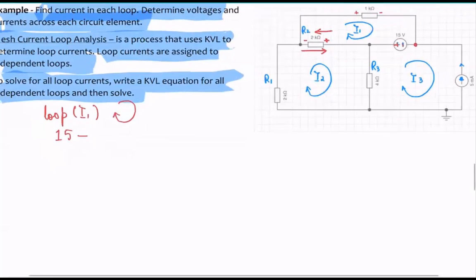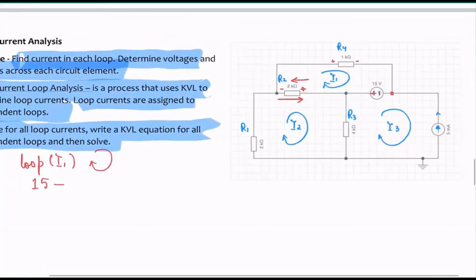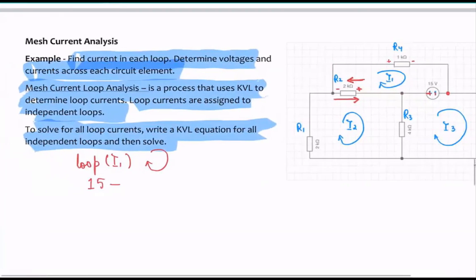Yeah, it will be correct. Okay, because remember, you have the current I2 and you have current I1 both flowing through this resistor R2, which is 2 kilo ohm, but in opposite direction. And since we are working on the loop I1, we assume that I1 has a higher potential, so the current will be basically the difference of I1 and I2. So I will have I1 minus I2.